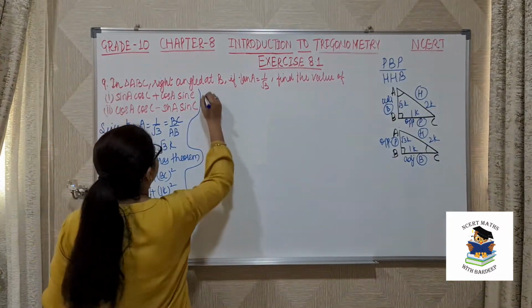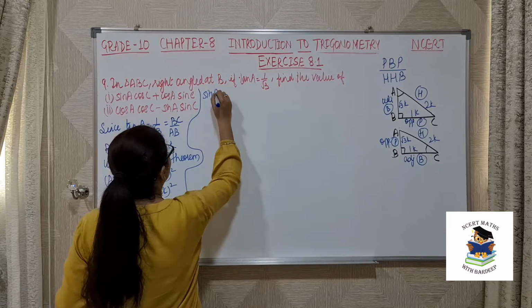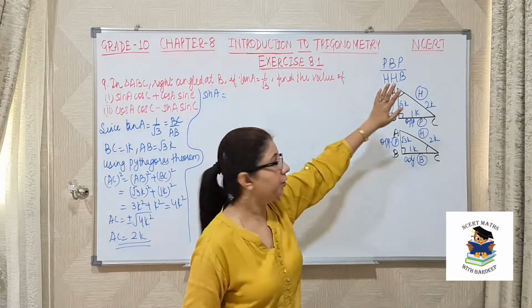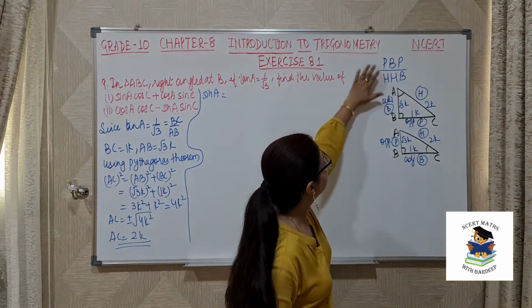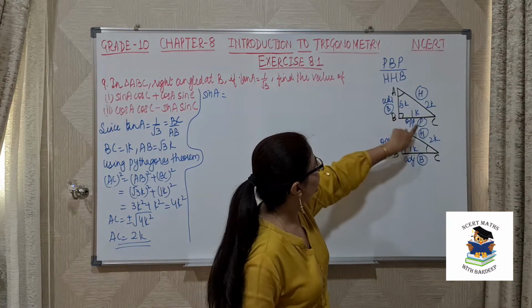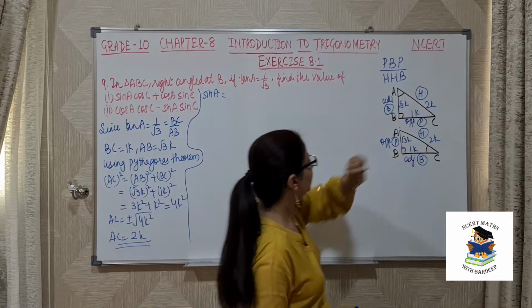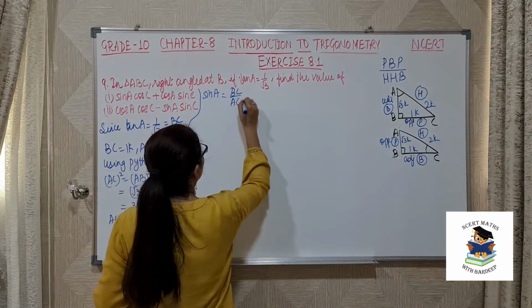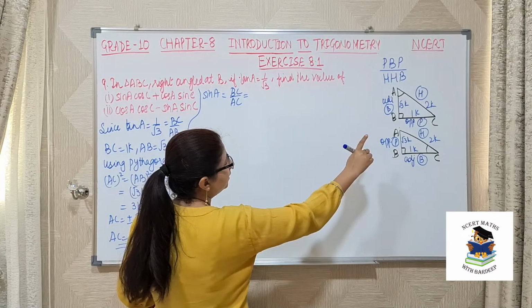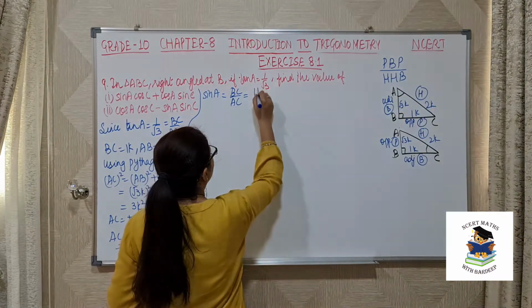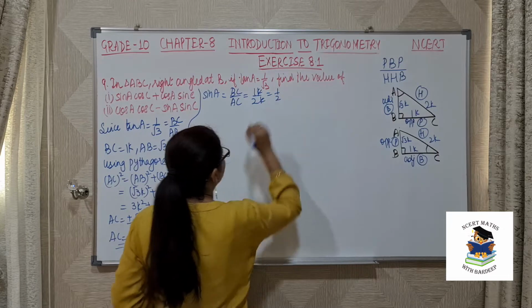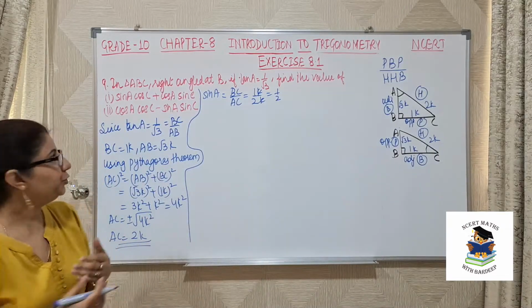First is we need sin A. So sin is ratio of perpendicular with hypotenuse. So this is for angle A. Perpendicular over hypotenuse. Perpendicular is BC. So BC over AC. Okay. So what is BC in our case? This is 1K and AC is 2K. So we will cancel this and we will be left with 1 by 2.